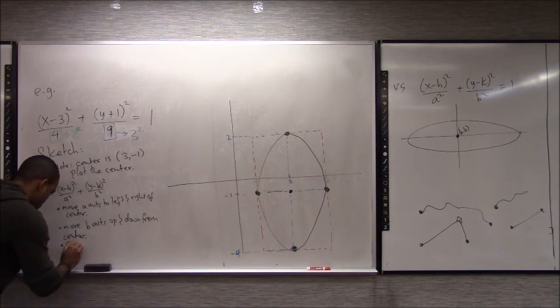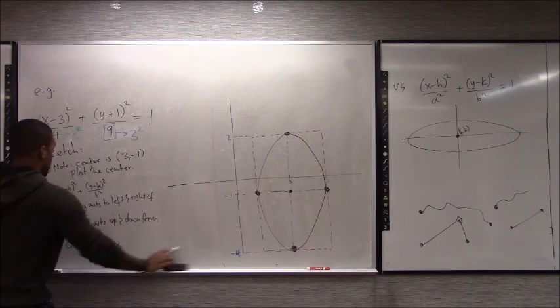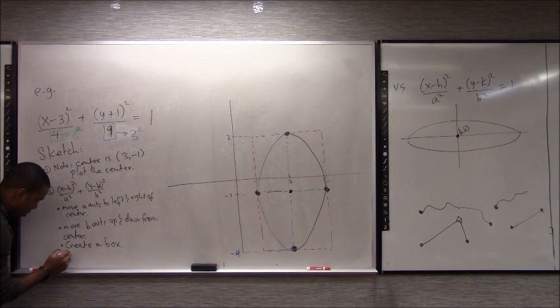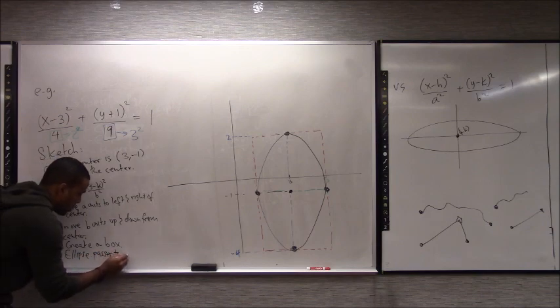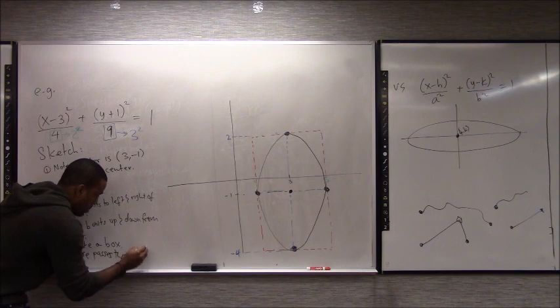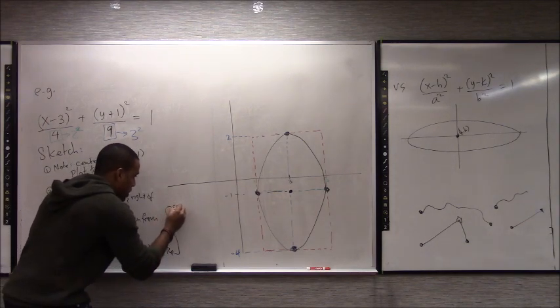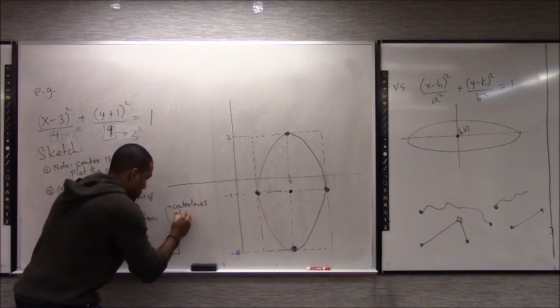Create a box. And step 3. The ellipse passes through where the center lines intersect the box.